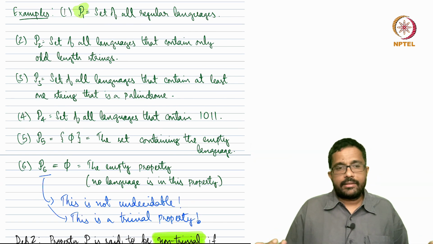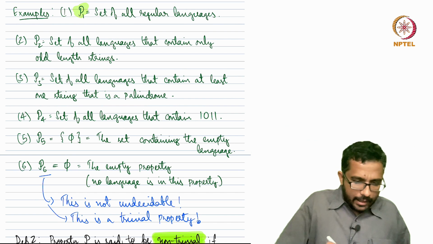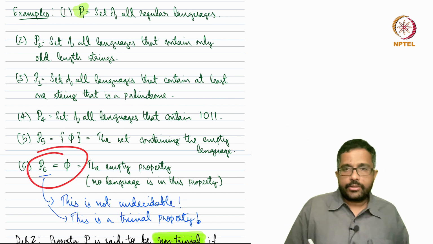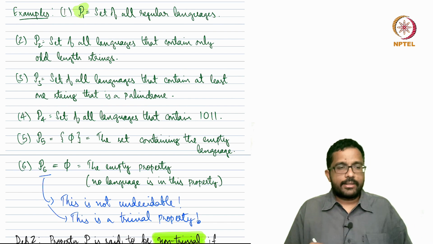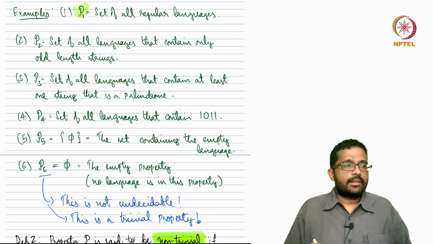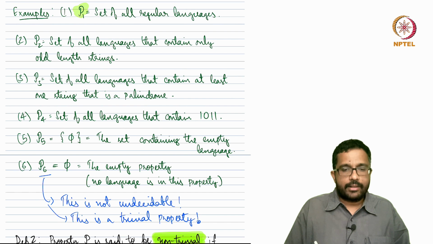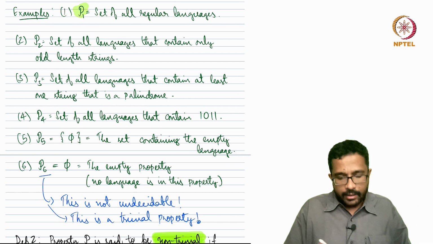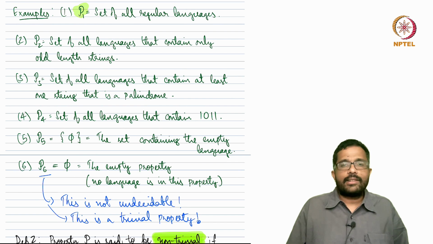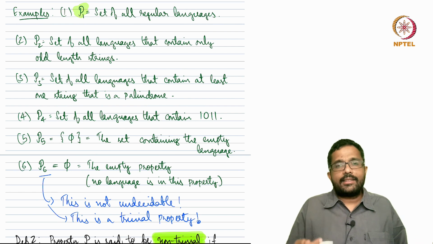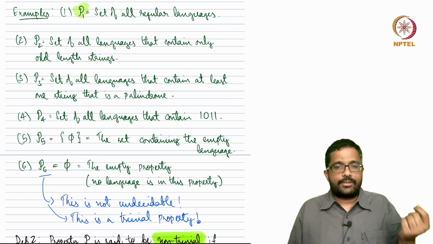And it is important to have non-triviality, because if the property is a trivial property, like one that no language satisfies, for instance the empty property, then given any Turing machine, you can say it does not satisfy the empty property, because it recognizes some language, and whatever the language, it's not part of this property, because nothing is in this property. So it's not undecidable to check whether the Turing machine satisfies a trivial property. There are only two trivial properties.